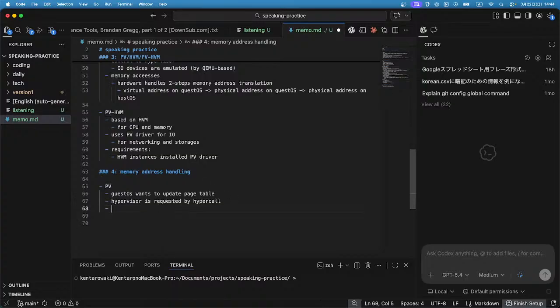And the hypervisor works: validation and apply.